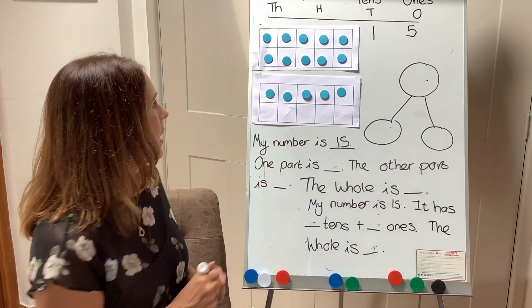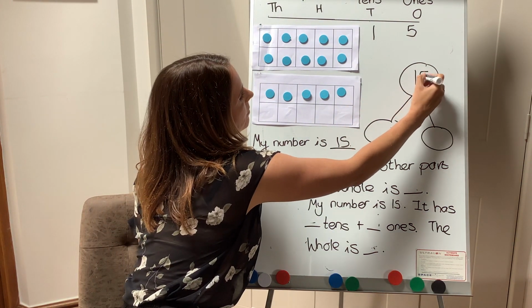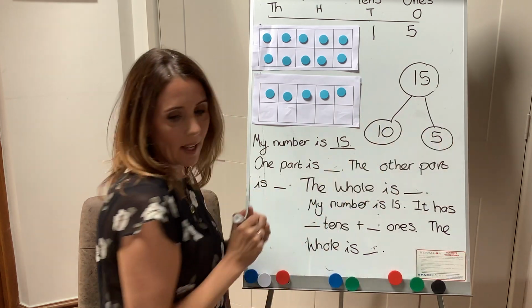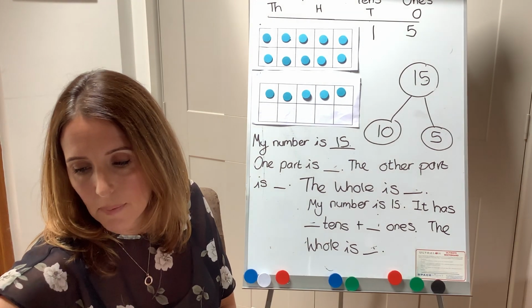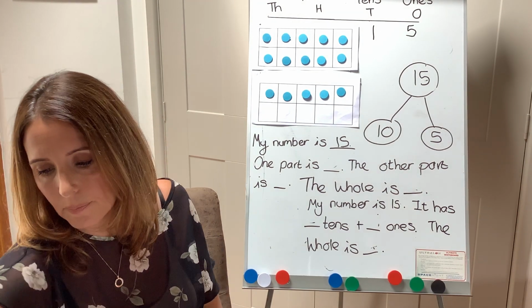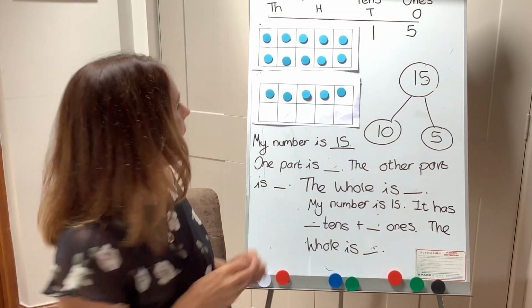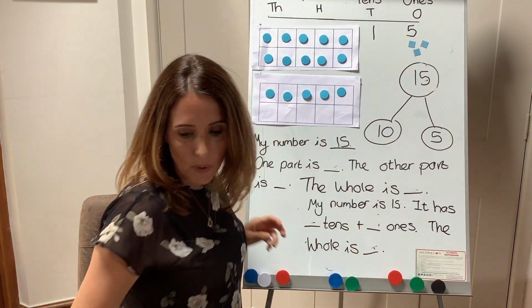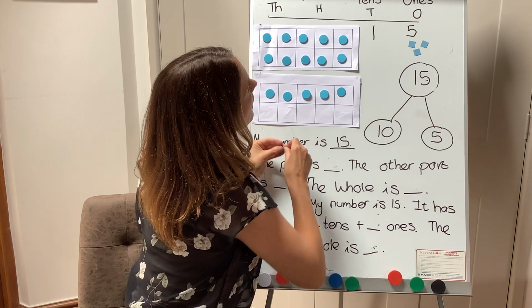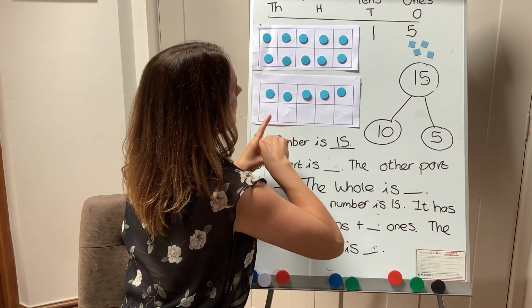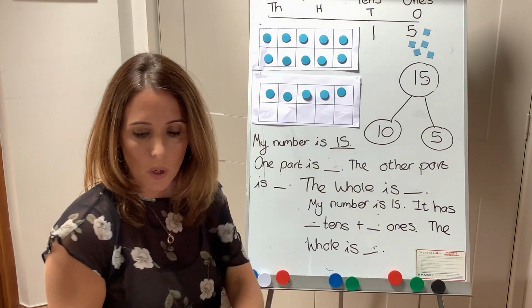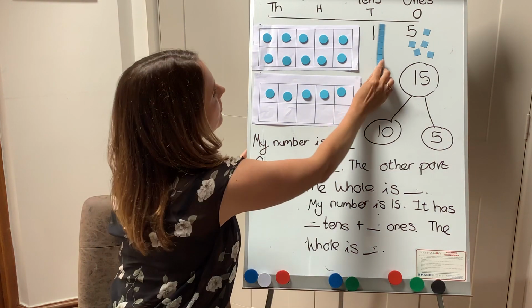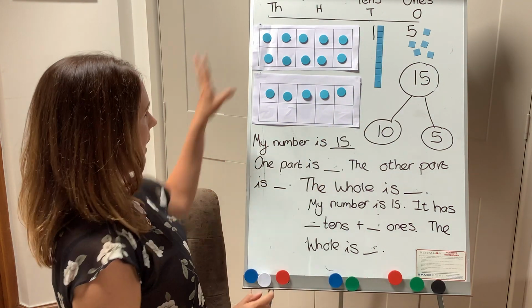Okay, so you should have had 15. We can break it into tens and ones by having 10 and 5. We can show that number using base 10 by having 5 ones and 1 ten. We can have the tens frame.